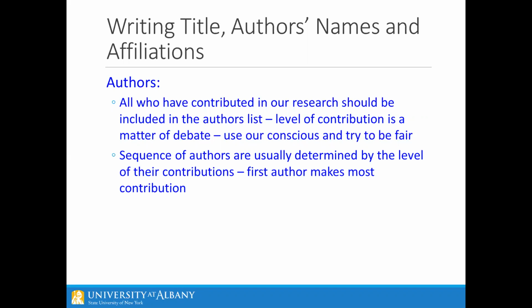In some of the fields, the authors are listed alphabetically, and in many of the computer science subfields, they are listed based on the contributions. And the first author is the person who contributed the most. Okay, and then subsequently the authors are listed.